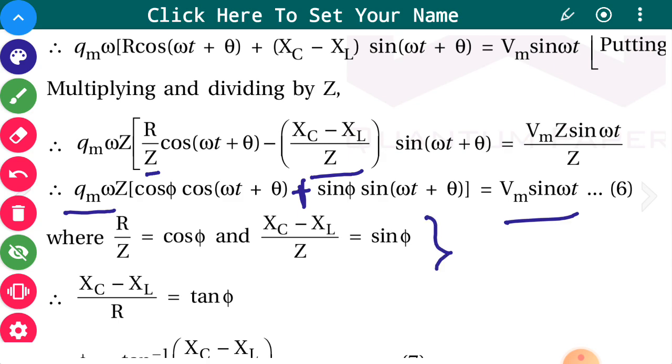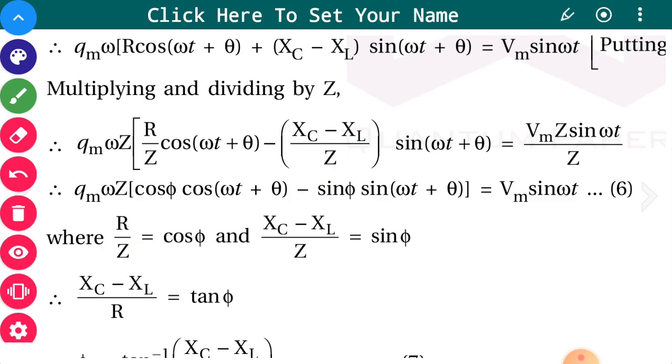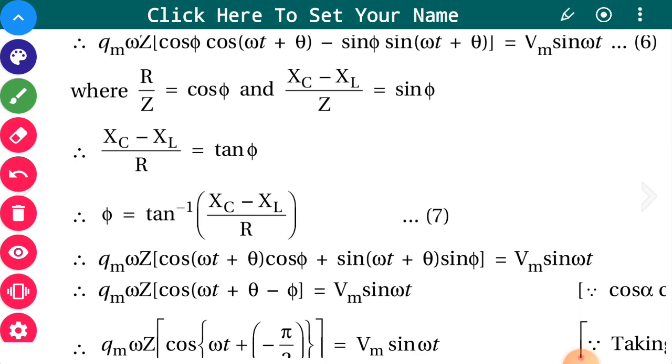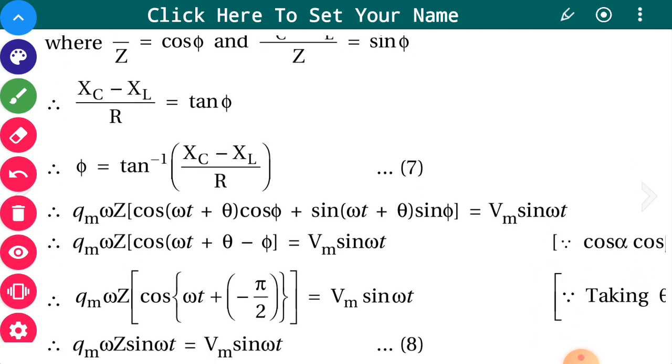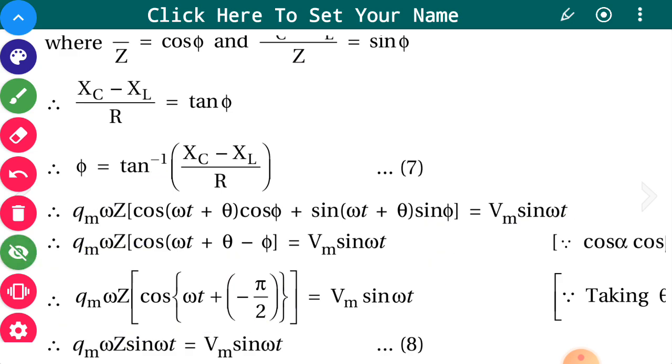Now you just find the ratio of sin upon cos, which will give you tan phi, which we have already discussed, or we have obtained this in the phasor method. That same equation we are getting. So here our equation can be written as cos(omega t plus theta) cos phi plus sin(omega t plus theta) sin phi is equal to Vm sin omega t.